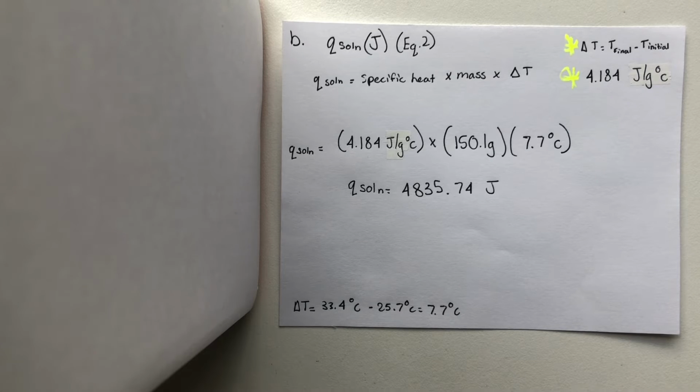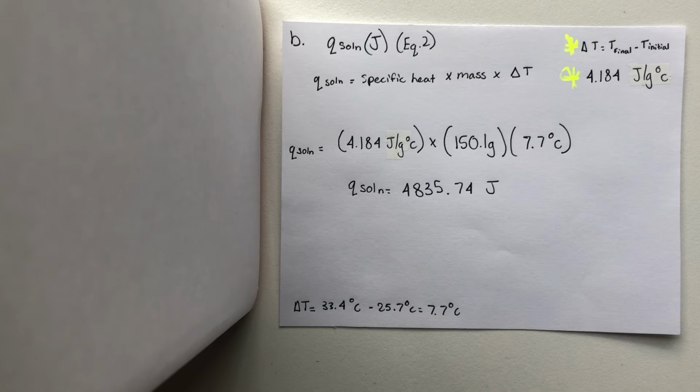And we will also be using, for specific heat, 4.184 joules per gram degree Celsius. And the reason we're doing that is the specific heat of water that was given in the pre-lab. And if you combine the HCl and the NaOH, one of the byproducts is water.